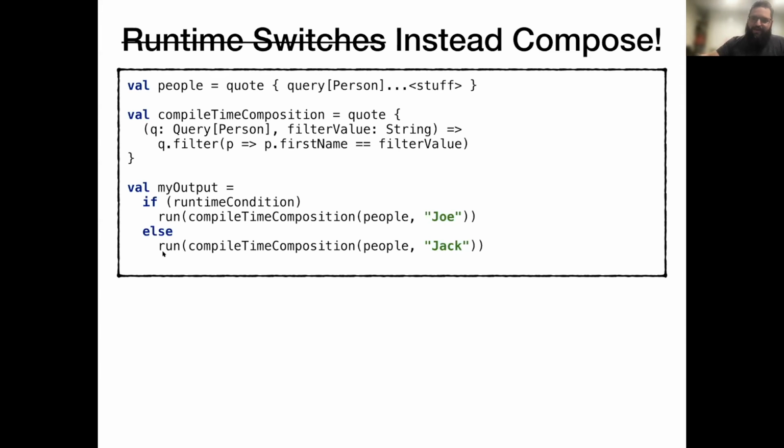In fact, I'm not going to be talking about it today, but there's some very cool stuff coming from integration between Quill and Caliban that will actually let you filter, as well as turn off or turn on any column in a table, and be able to do that with a compile time query.